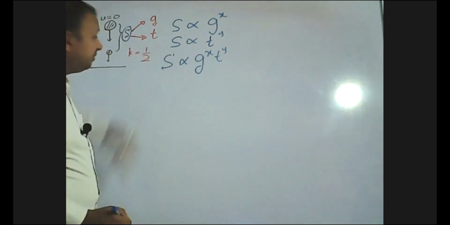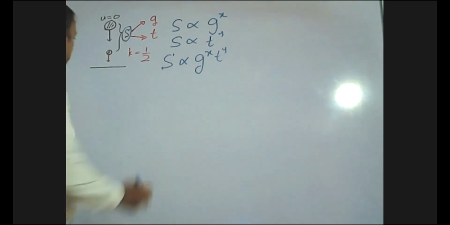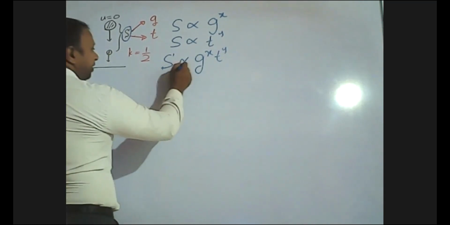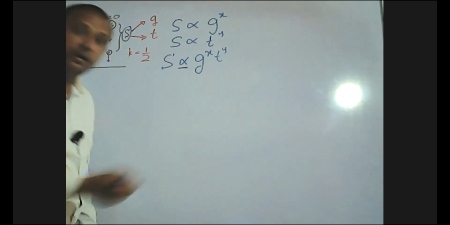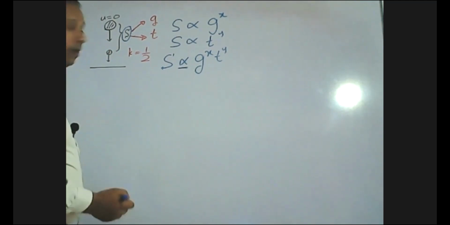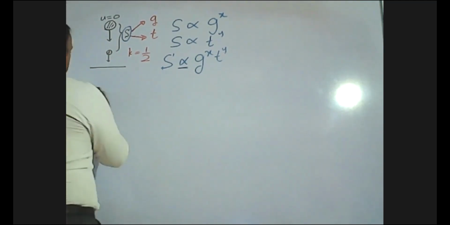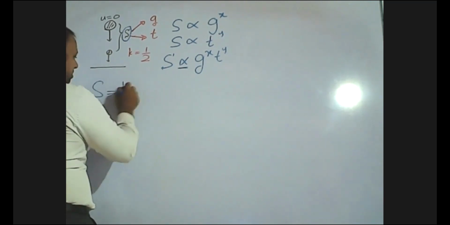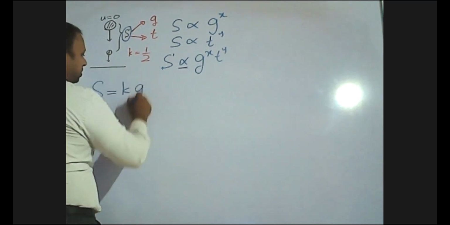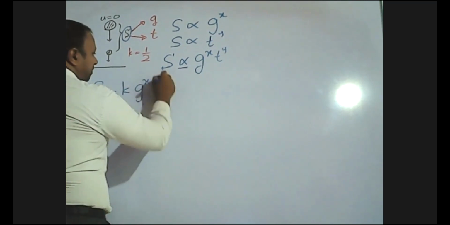After that, I can convert this relationship into an equation. I can replace the proportionality mark with an equal and a constant. So s is equal to k into g to the power x, t to the power y.